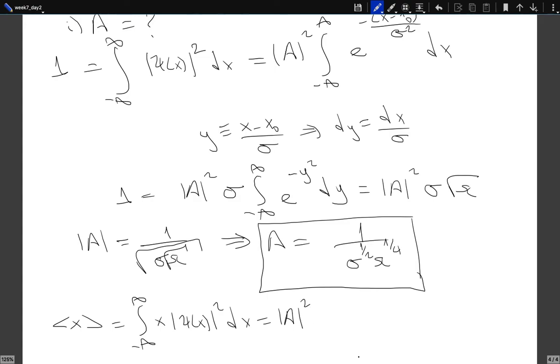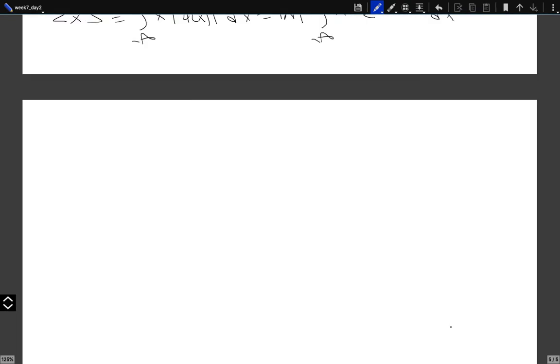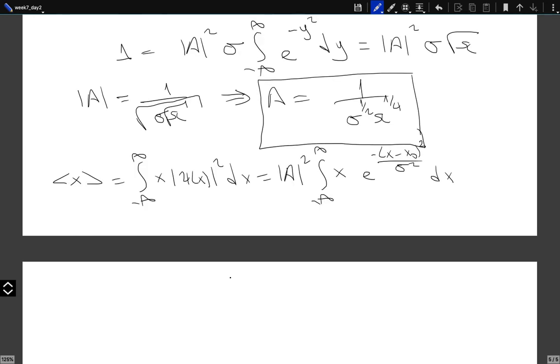You see, the sign of a or the phase of a is not important because almost everywhere it will be the absolute value squared that will enter. A squared times the integral from minus infinity to infinity, x times e to power minus x minus x0 squared over sigma squared dx. I will make exactly the same change of variables.